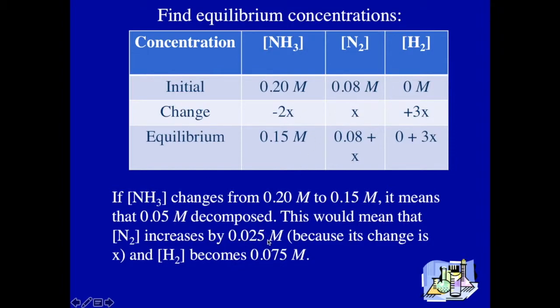So it'd be 0.025 molar, which is designated as the change in X, and hydrogen would have to be 3 times greater than nitrogen because the ratio is 1 to 3, which means I have 0.025 times 3, which is 0.075 molar.